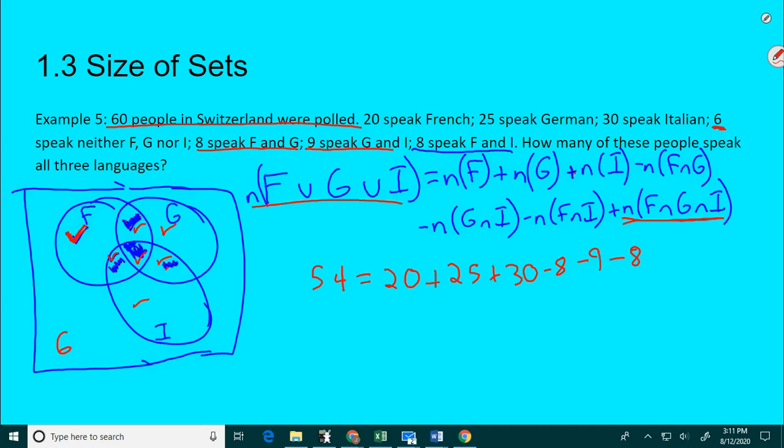That was F, G, I: French, German, German, Italian, French, Italian, and then I need to add in what I don't know, which is that inner part, those who speak all three, so X. And then I just have to solve that for X. Okay, I'll leave that for you guys to do. You guys can add numbers together.